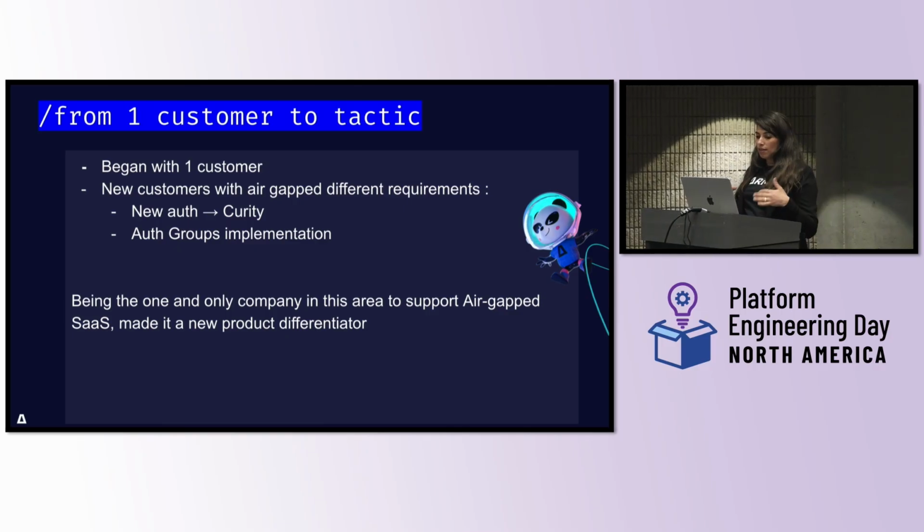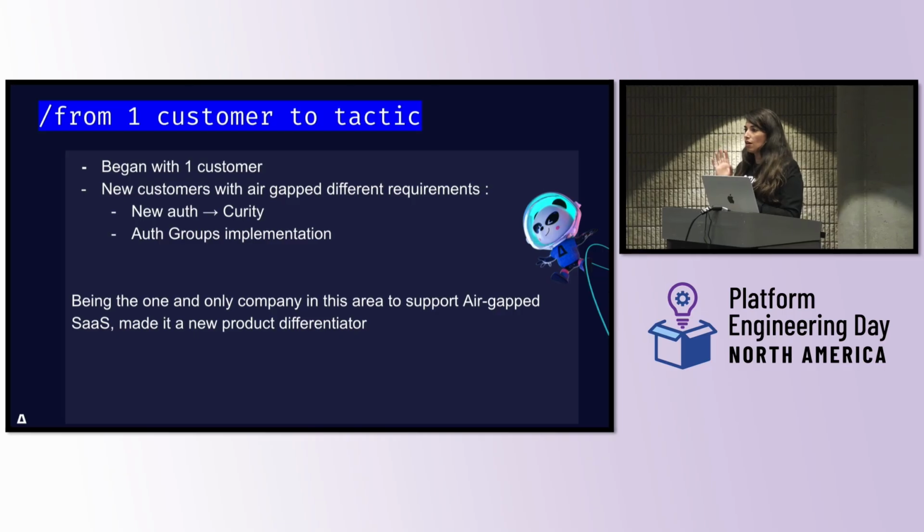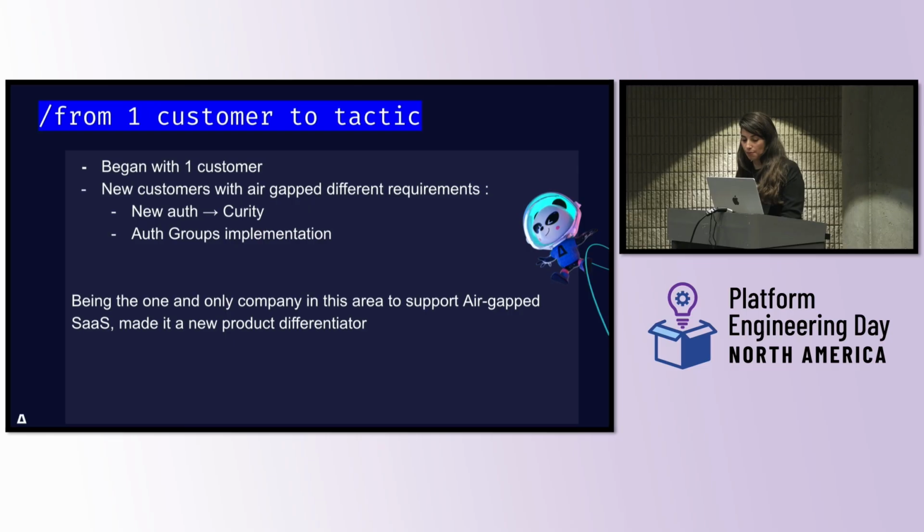So being the only company doing this kind of air-gapped environment became a real product differentiator for us, and that was a major thing. And when we're talking strategy, we're always raising the on-premise air-gapped solution as one of the pillars that we still want to invest in.